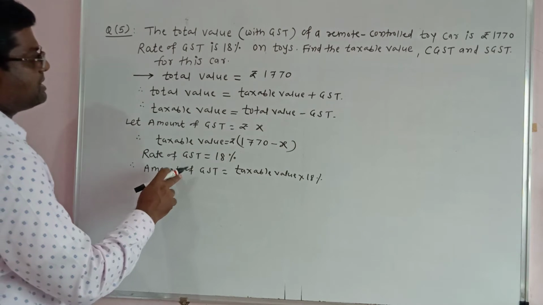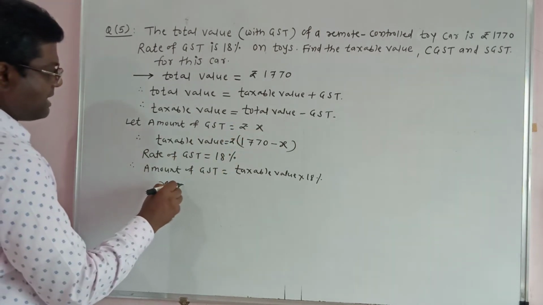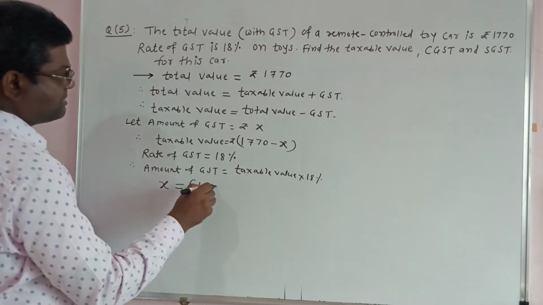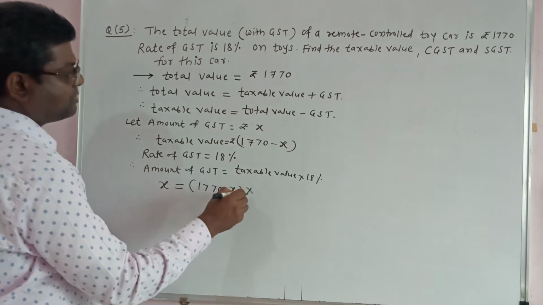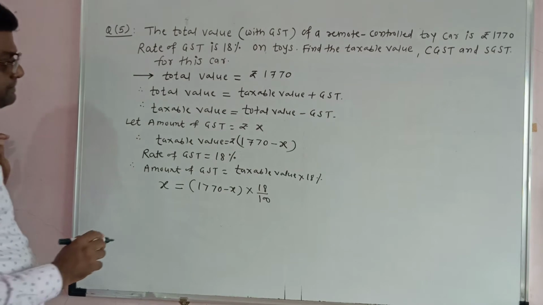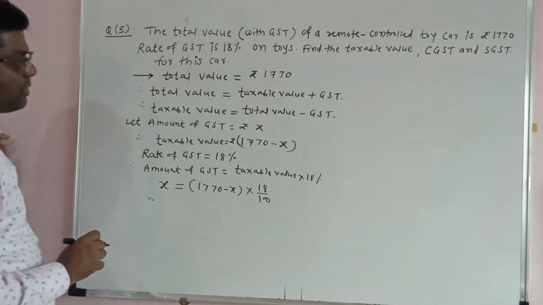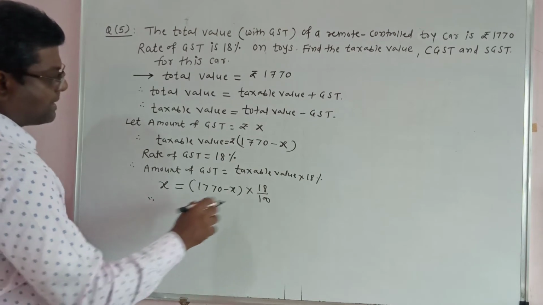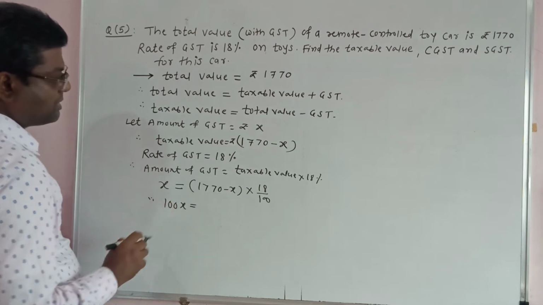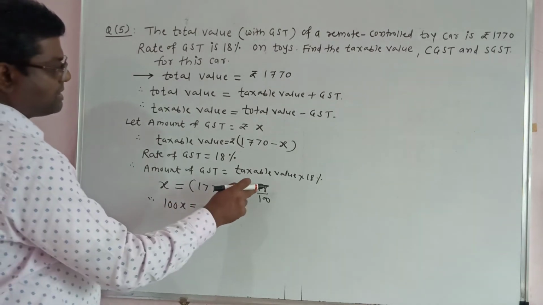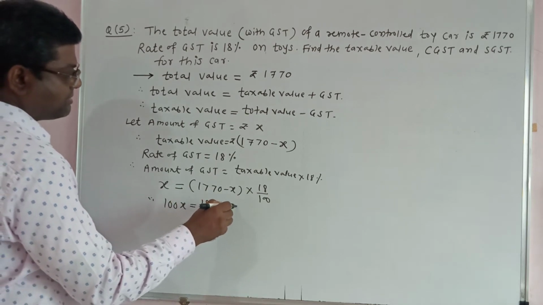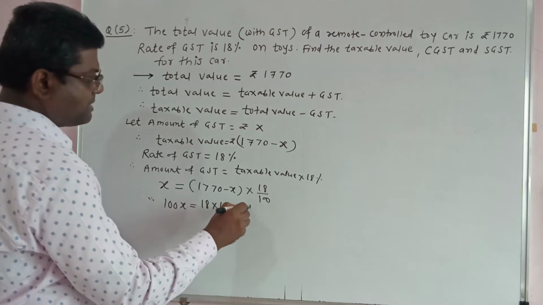So amount of GST here we have taken as X. X is equal to taxable value is 1770 minus X into 18% means 18 upon 100. Therefore here 100 into X is equal to, multiply this 18 in bracket, 18 into 1770 minus 18x.